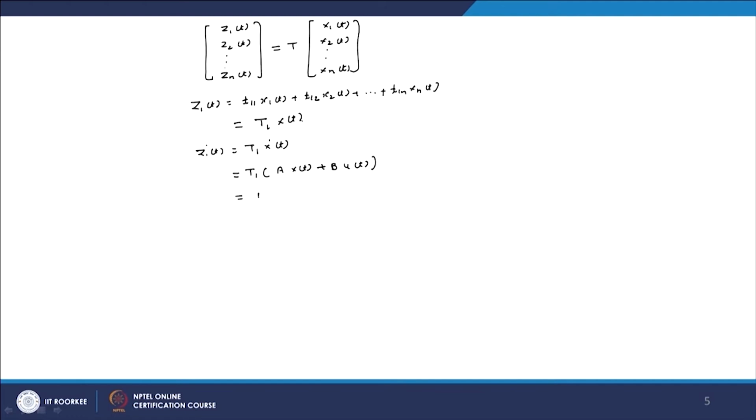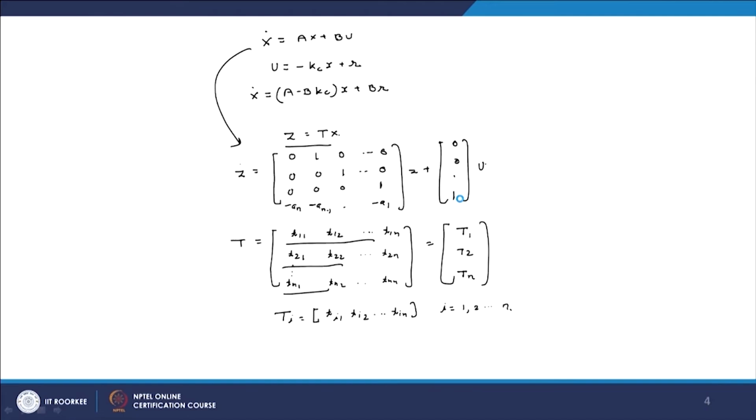Now, we solve this equation. So, you will get T1 A into x of t plus T1 B into u of t. And now, here z1 dot t is a function of z2 of t, and this is basically a function of x only. Because as we see that z equals Tx, so z is only a function of x.